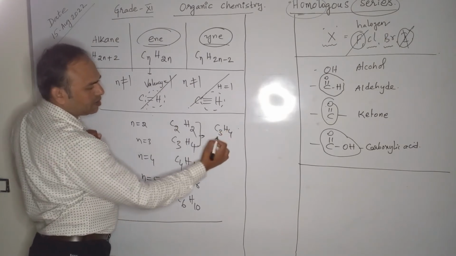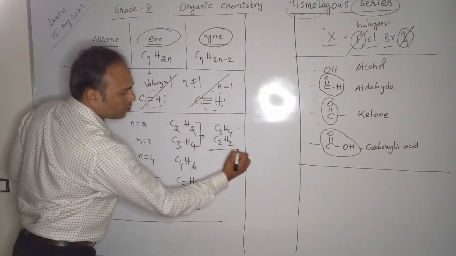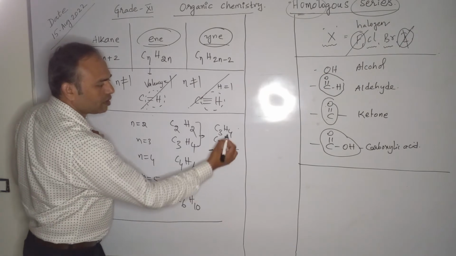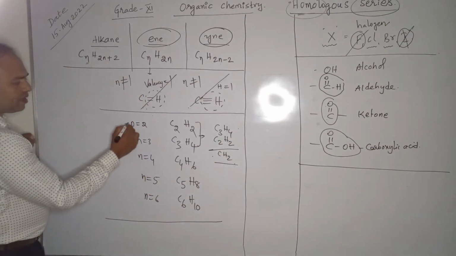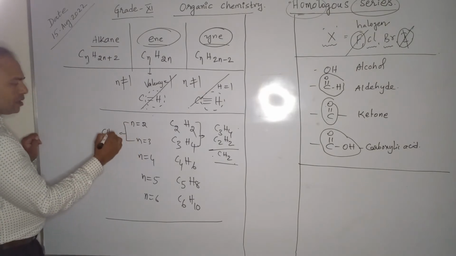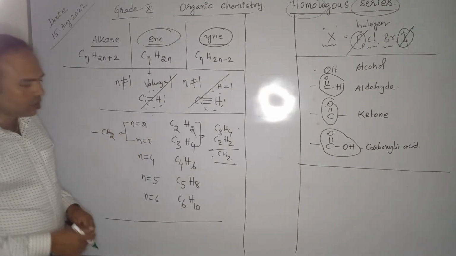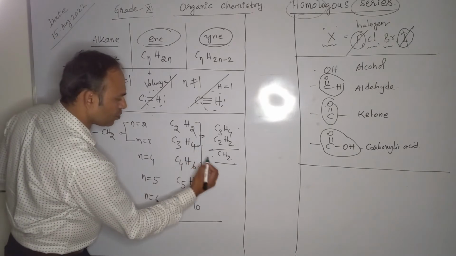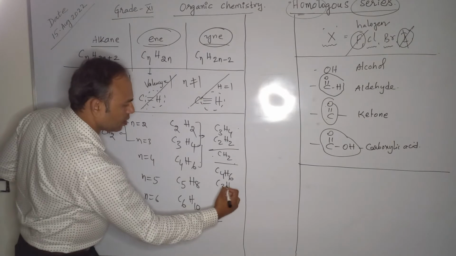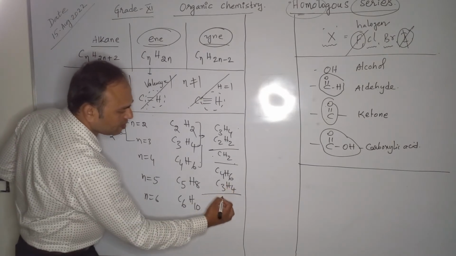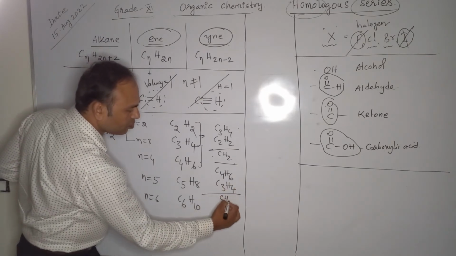C3H4 minus C2H2: 3 minus 2, 1; 4 minus 2, 2. So easily you can identify the difference is a methylene group. Next, between these two, C4H6 minus C3H4: 4 minus 3, 1; 6 minus 4 is 2.